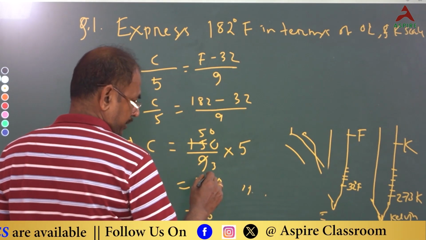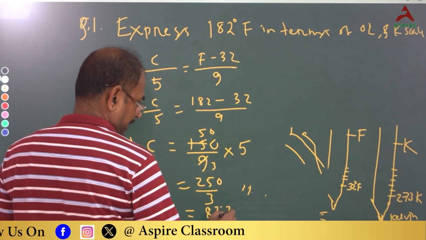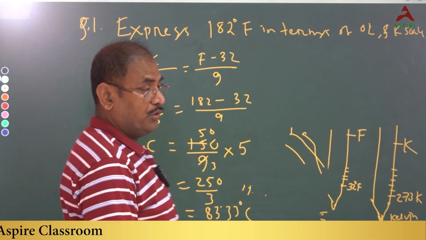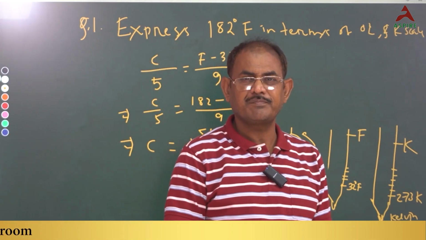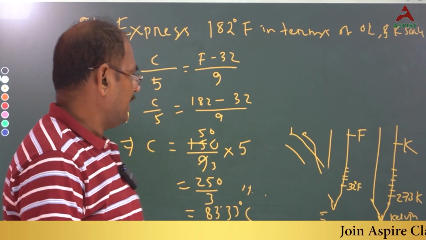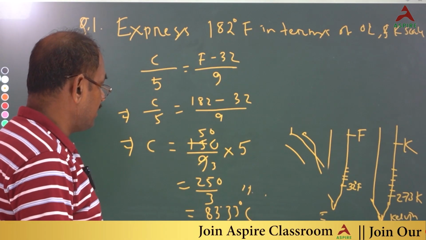So C equals 83.33 degree Celsius. Is that clear? 182 degree Fahrenheit means 83.33 degree Celsius.